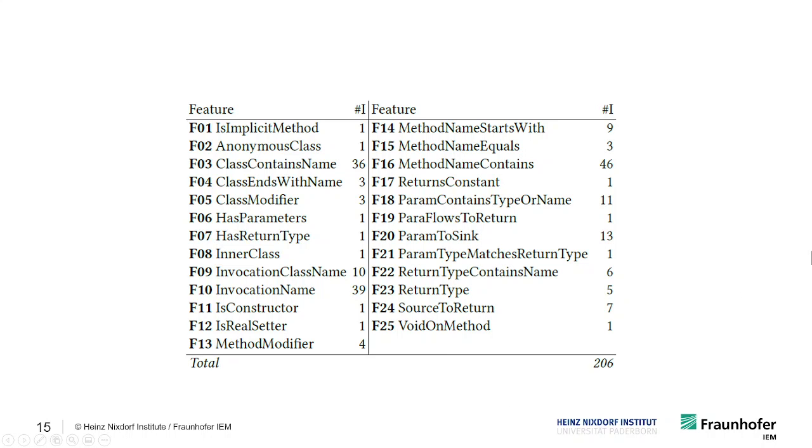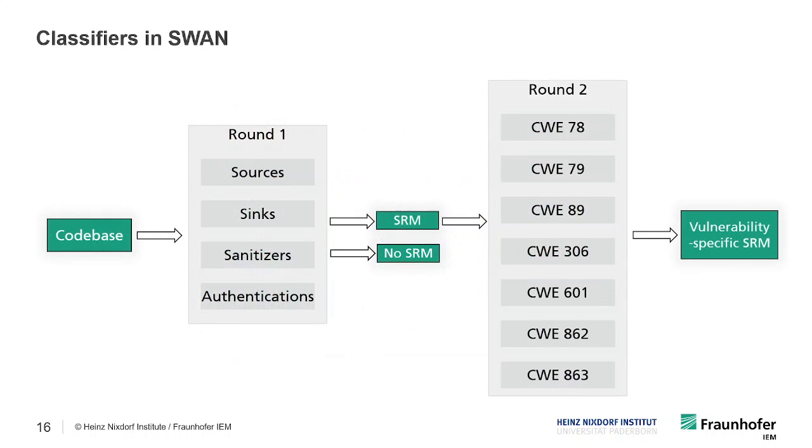If you are more interested in details, like more examples of this, we have them further in our paper. But let's see now how SWAN actually runs. So we have for each SRM and for each CVE an individual classifier.